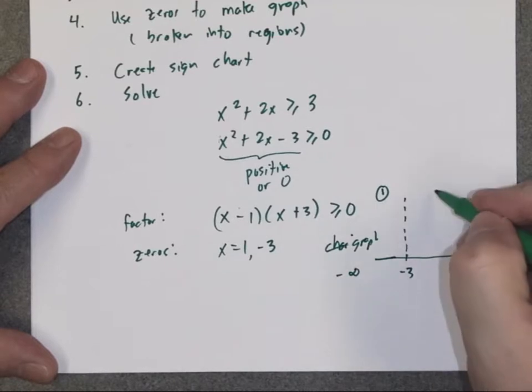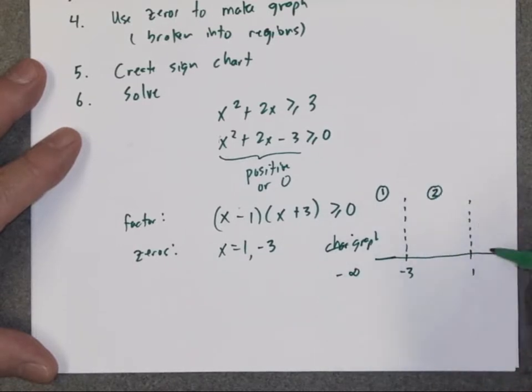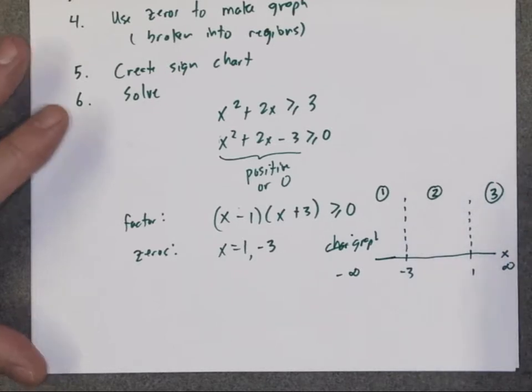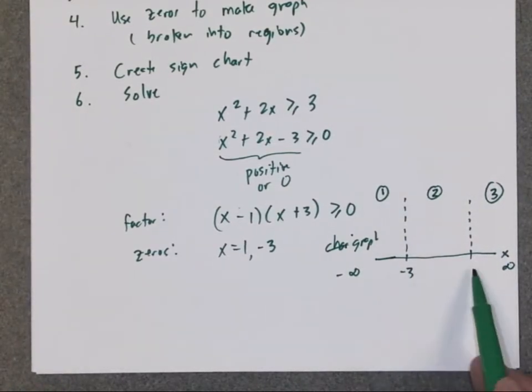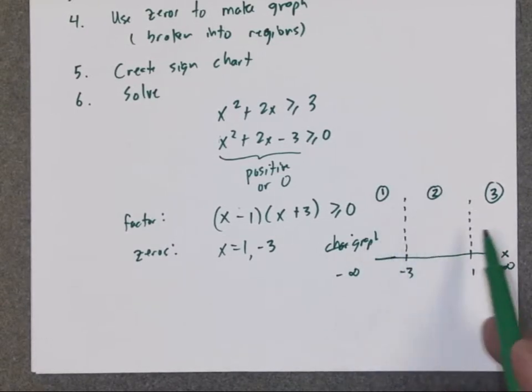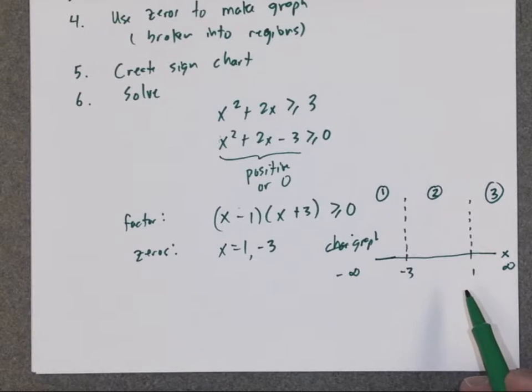From -3 to 1 is region 2. And from 1 to infinity is region 3. So when I mark my zeros of x right here and draw these lines, it breaks this up into regions. Now here's what we're going to try and figure out, because here's the whole key to this working.